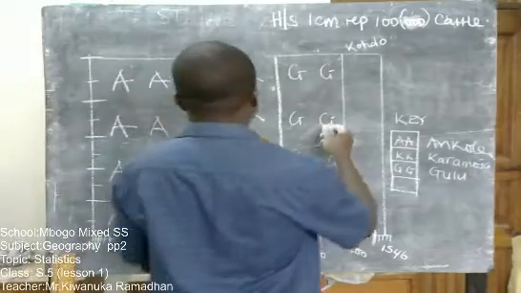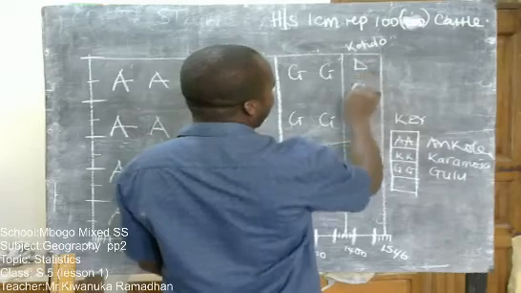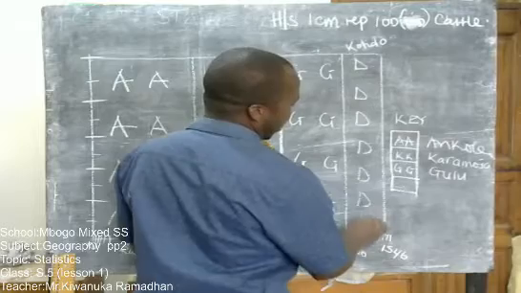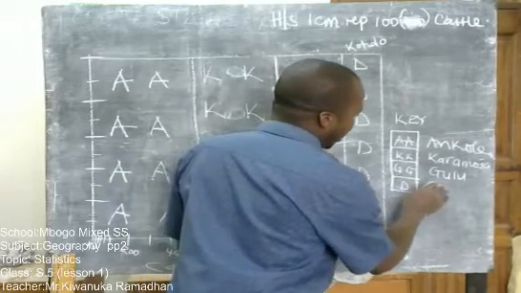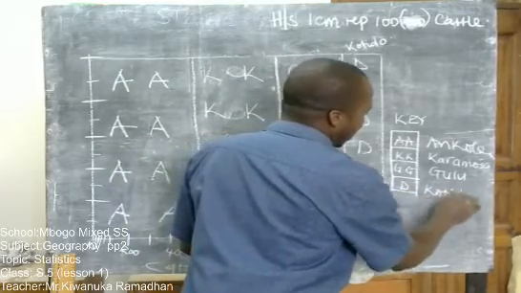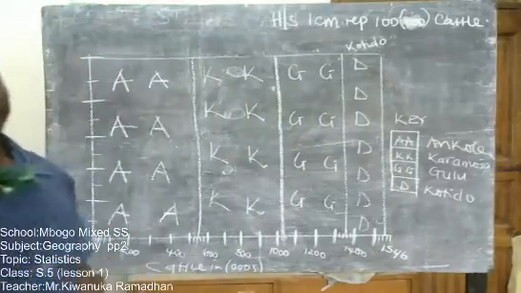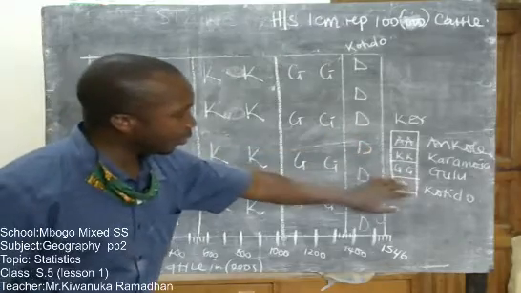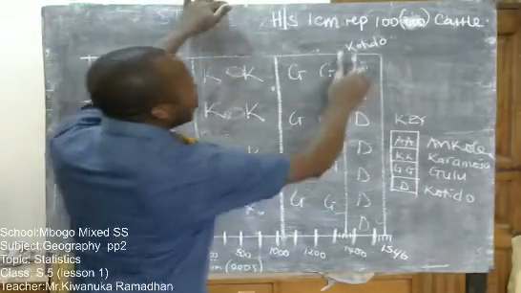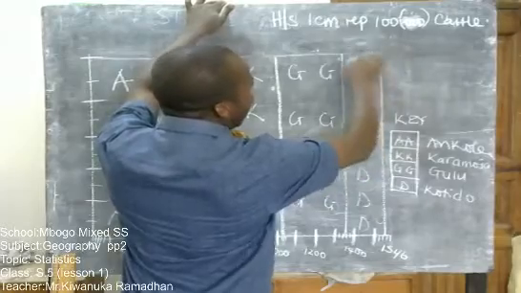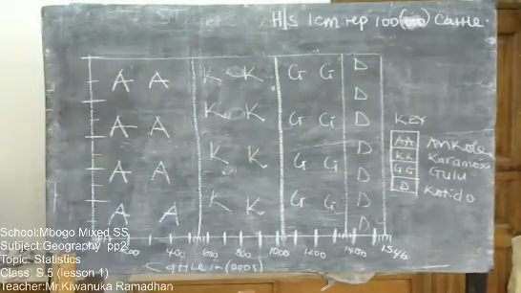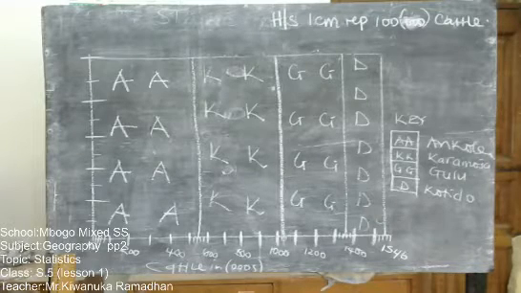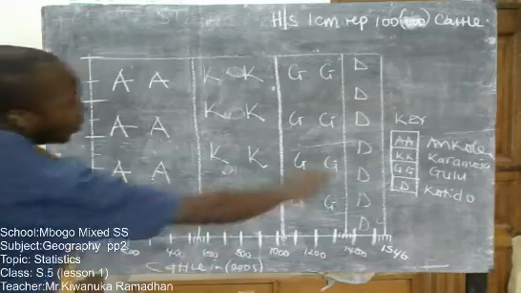Then Kotido, let me use letter D. I say that where you see D, that is Kotido. And like we have said, if you have shaded and provided the key, then no need of labeling on the segment.